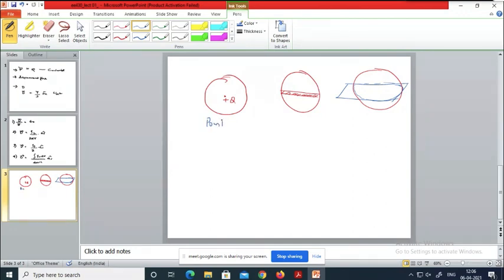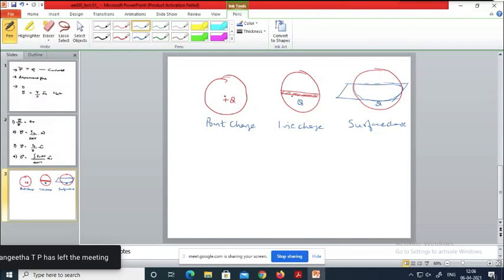Point charge of q coulomb, and here line charge of q coulomb is inside this sphere, and surface charge of q coulomb is present inside this closed sphere.